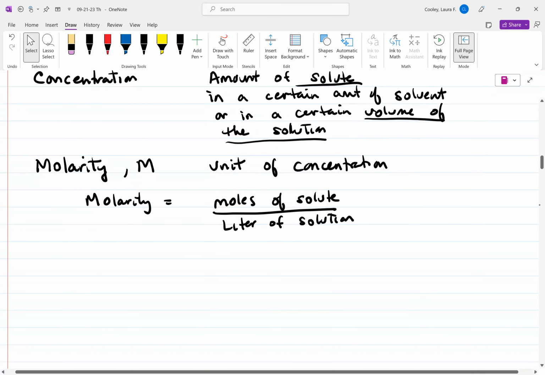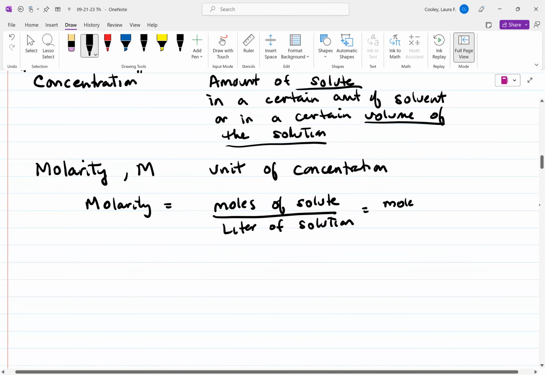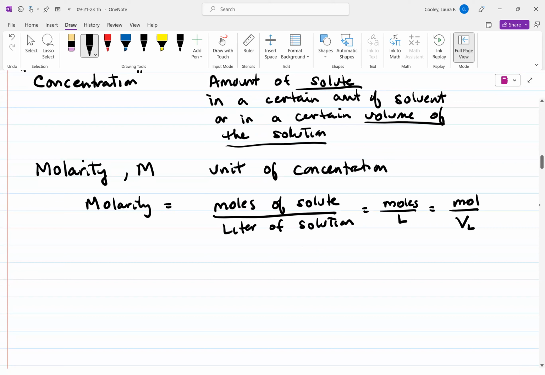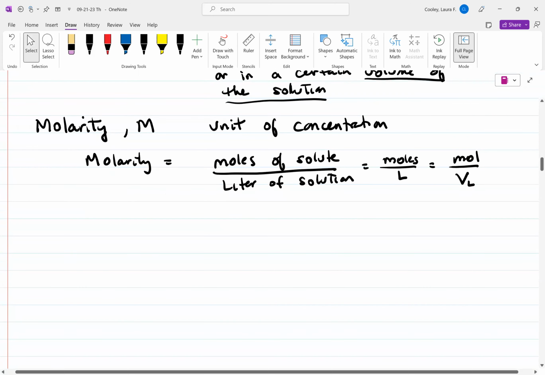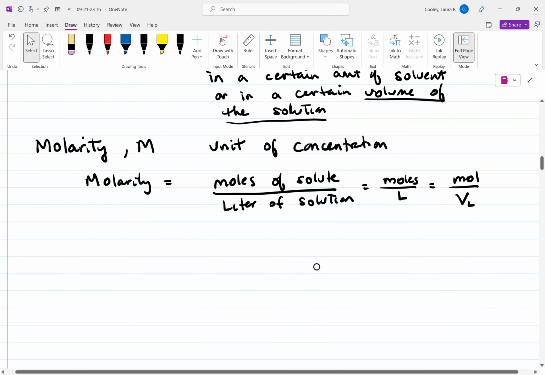Okay. And so its units are moles per liter. And a lot of times we talk about the volume in liters as being V sub L. You'll see that in various books. So I want to give you an example.